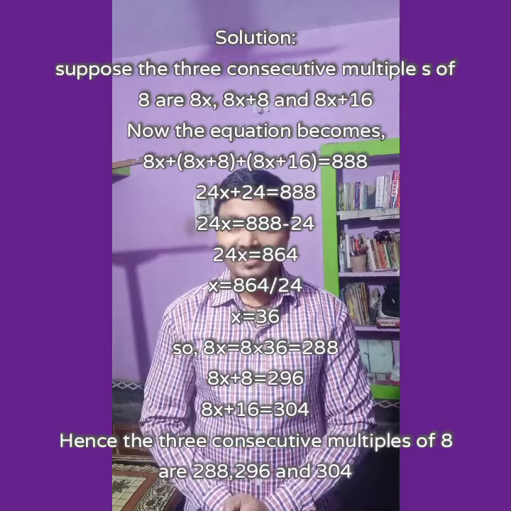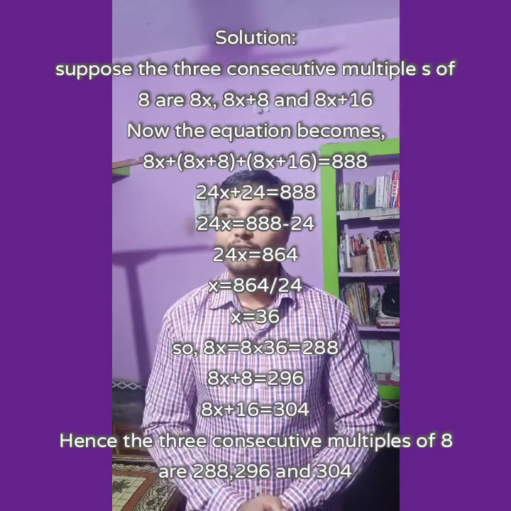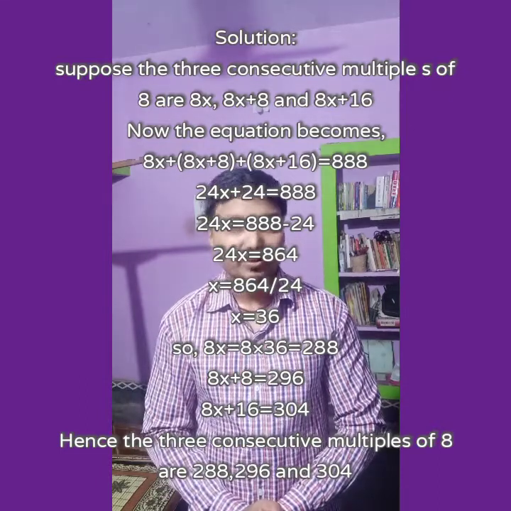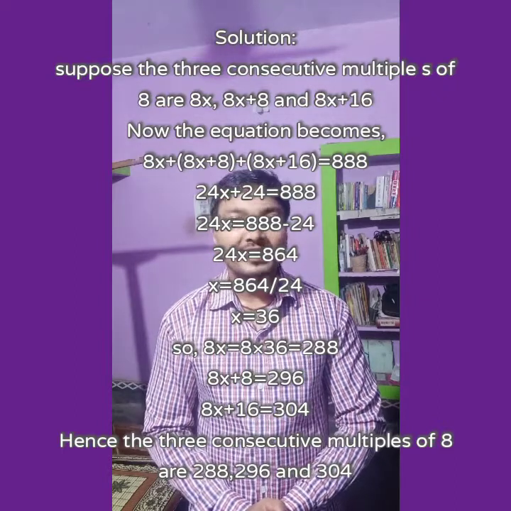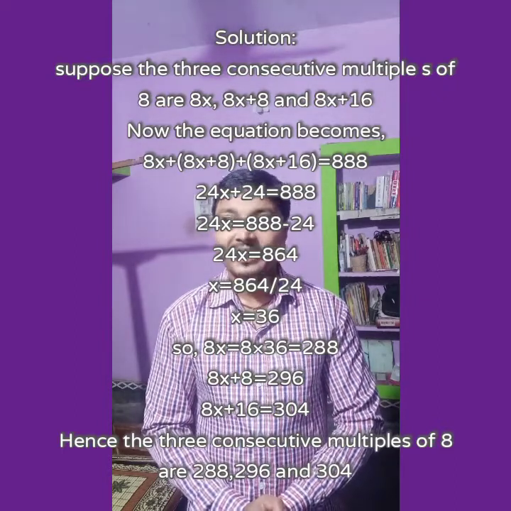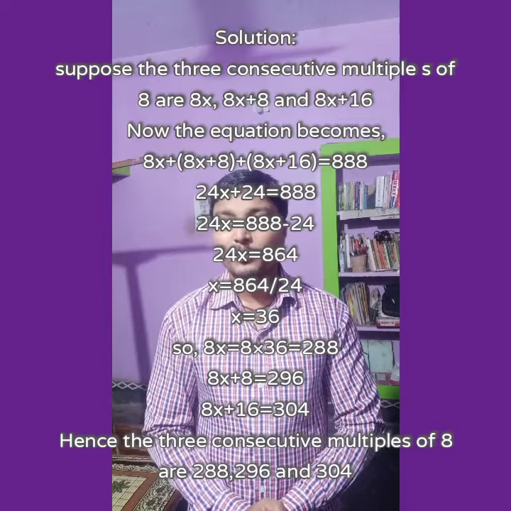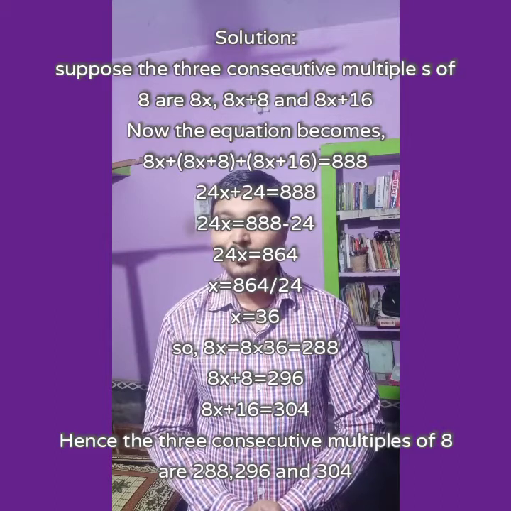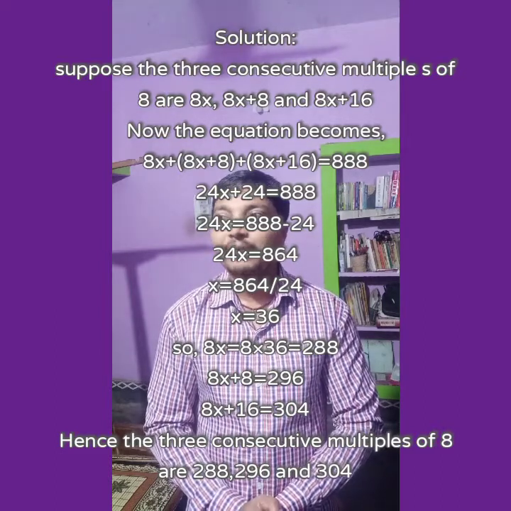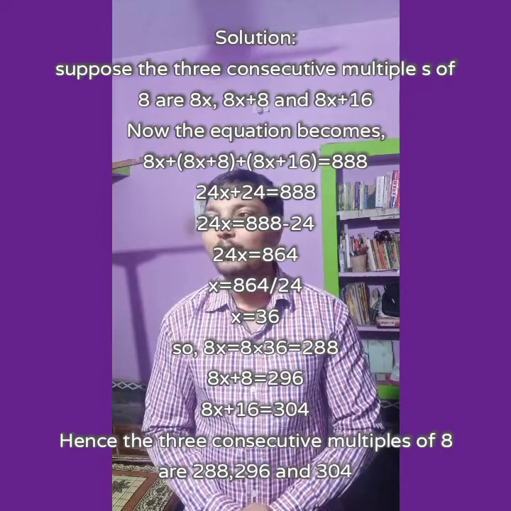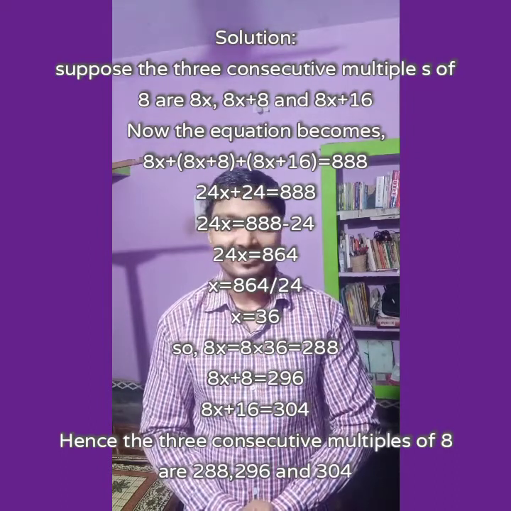So we want x, for which 24x is equal to 888 minus 24, which is 864. It implies 24x is equal to 864. On solving, x equals 864 divided by 24, which is equal to 36.